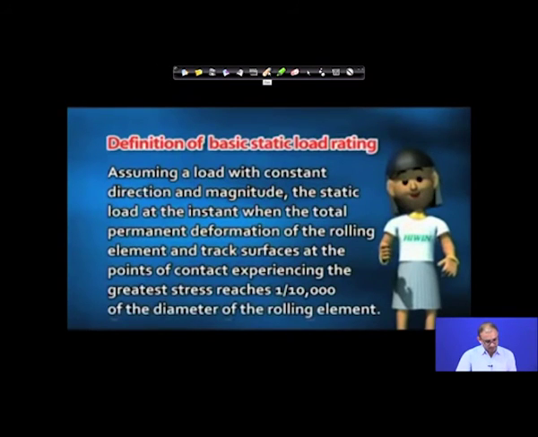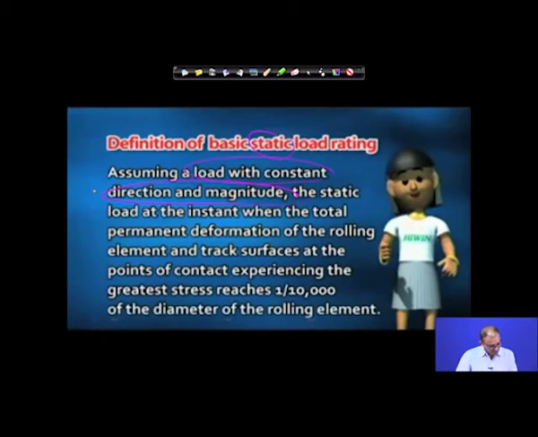What does it mean? When you are putting a load of constant direction and magnitude, that is more important, because that is why we are considering a static load. There is only one direction, we are not moving in another direction. It is mostly considered as a load from the top, in the normal direction.